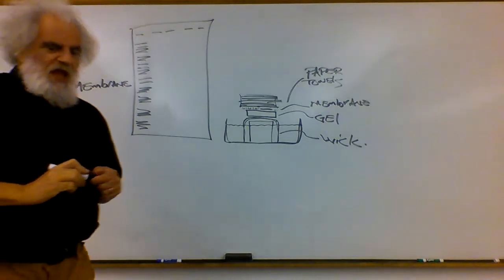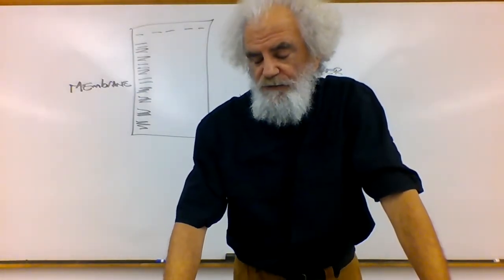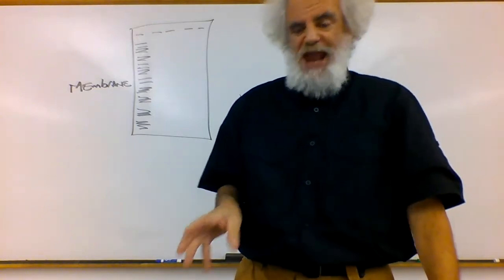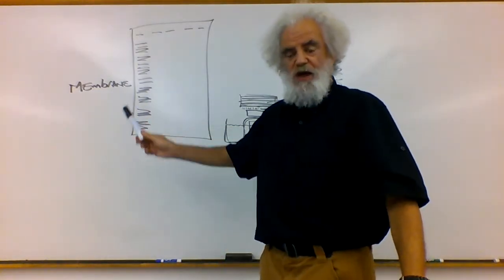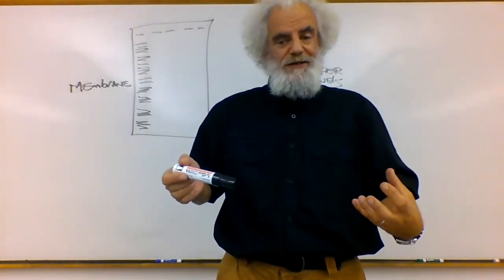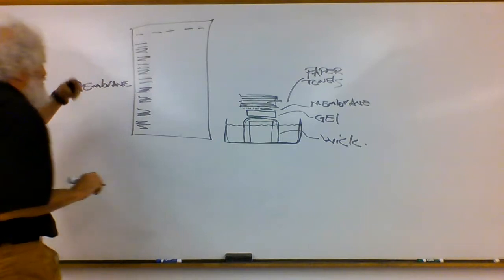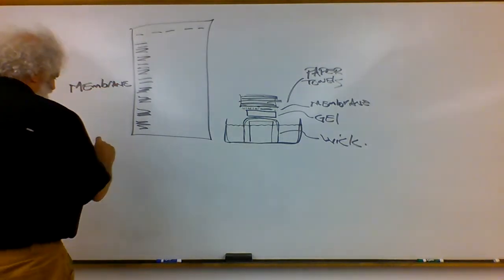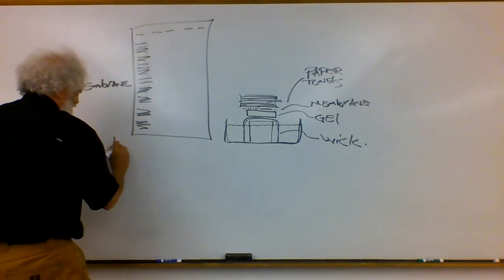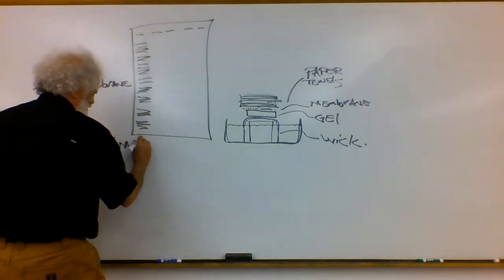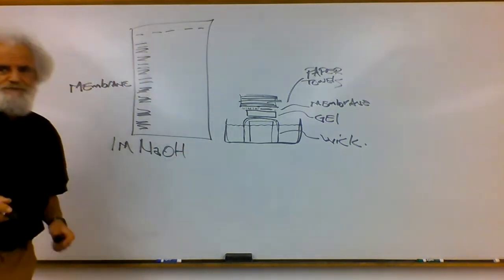Okay, what we're going to get set up to do now is a hybridization experiment. And the first thing we have to do is render the DNA on this gel blot single-stranded. And the way we do that is expose it to base. So we're going to soak this thing in 1 molar sodium hydroxide.